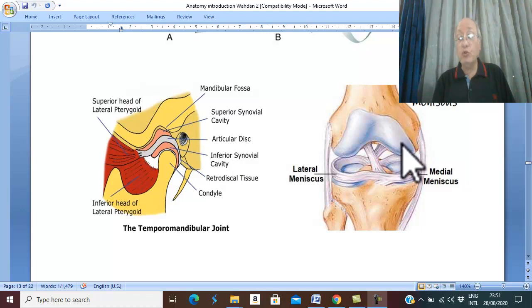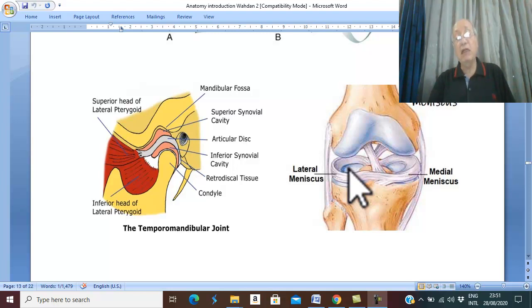But if there are two convex articular surfaces, there are two condyles. Each condyle articulates with a concave articular surface. In this case, the joint is called a bicondylar joint.